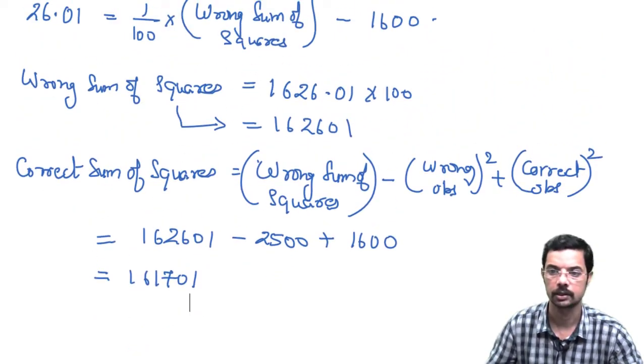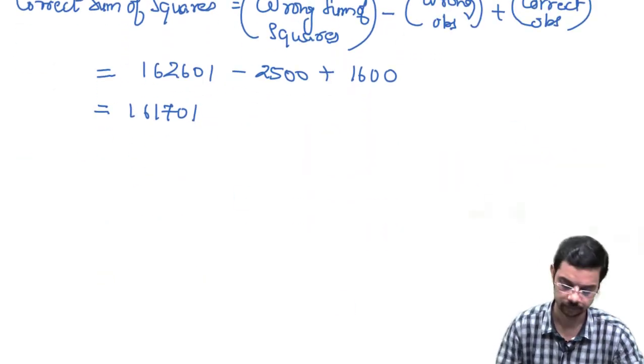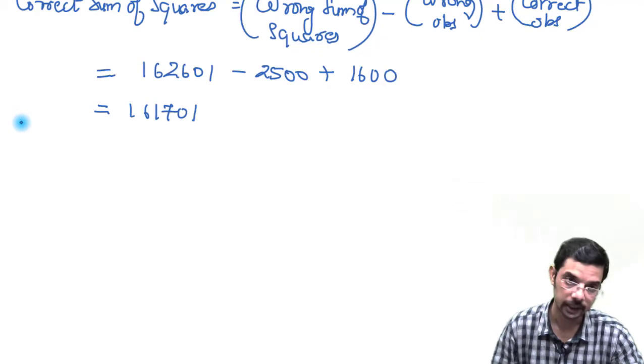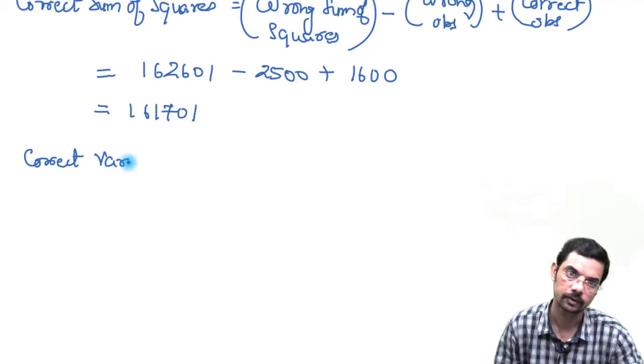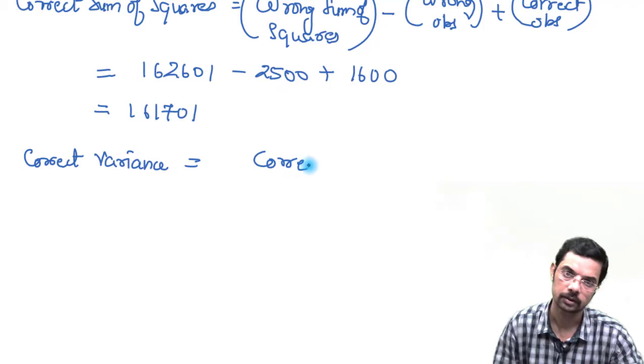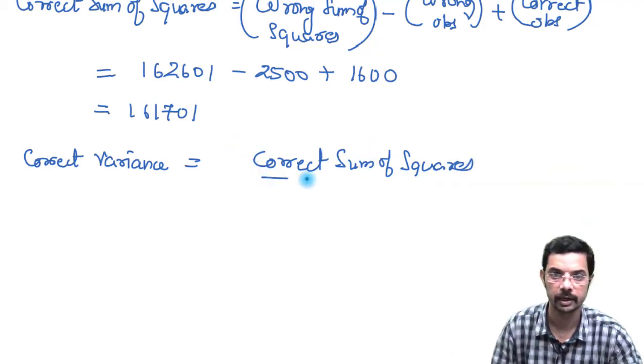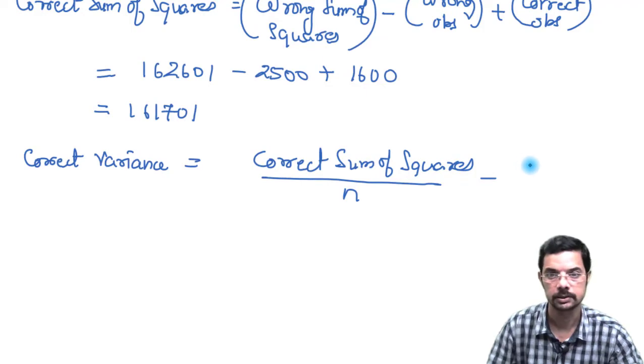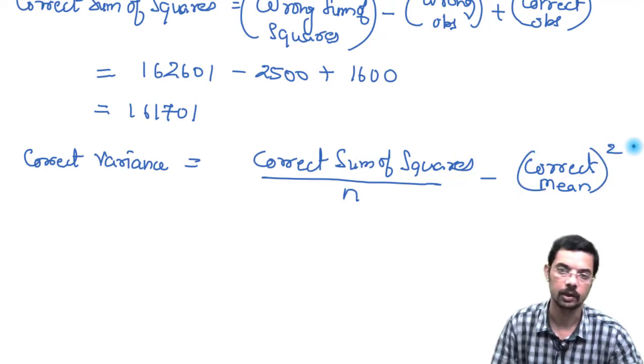The corrected variance will be equal to the correct sum of squares divided by n, minus the correct mean whole square.